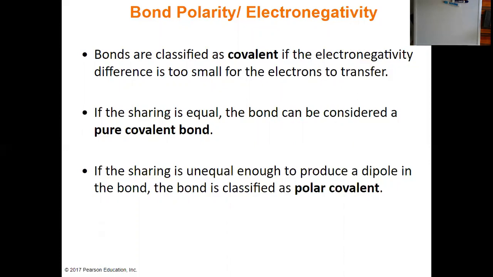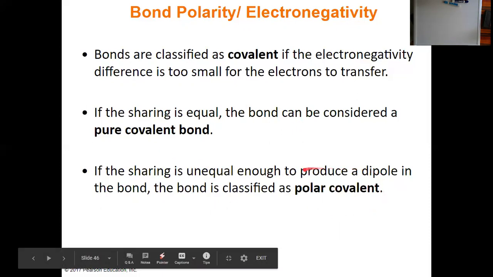You could have sharing that is 100% perfect, completely equal. That type of sharing is a pure covalent bond. If you have unequal sharing, and it's unequal enough that you end up with dipoles within your molecule, that's called a polar covalent bond.